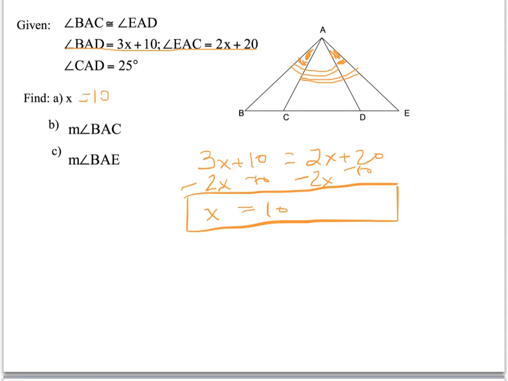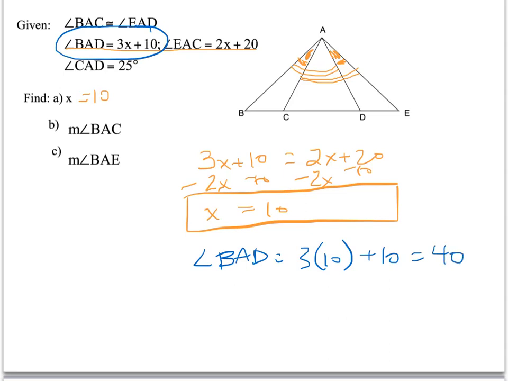Now, to find the measure of angle BAC, we're going to have to do a little work here. First off, I'm going to take that x equals 10 value and plug it in for angle BAD. Angle BAD is going to equal 3 times 10 plus 10, which is of course 40 degrees. This angle right here, which I'm marking in blue, is 40 degrees.